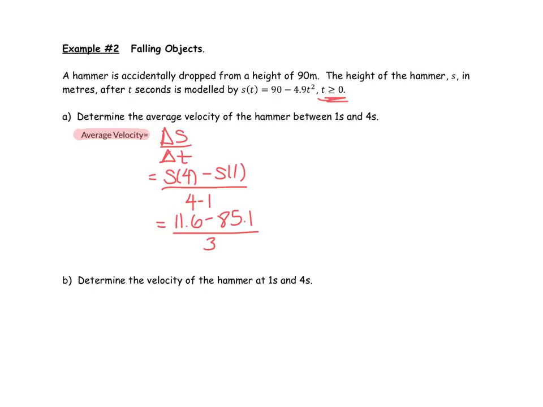We get all over 3, which gives me negative 24.5. And our conclusion is the important part. So therefore, the hammer is falling down at a rate of 24.5 meters per second.